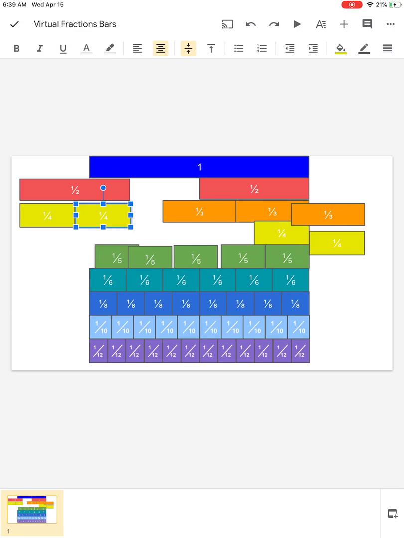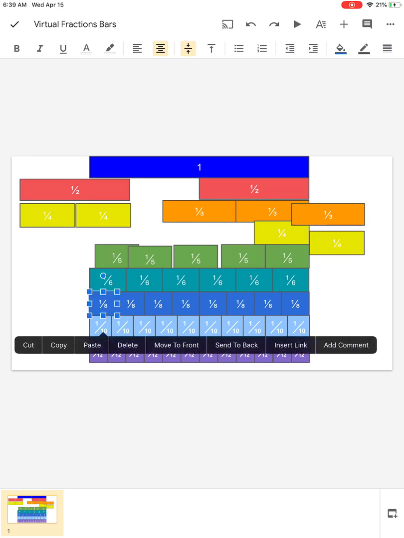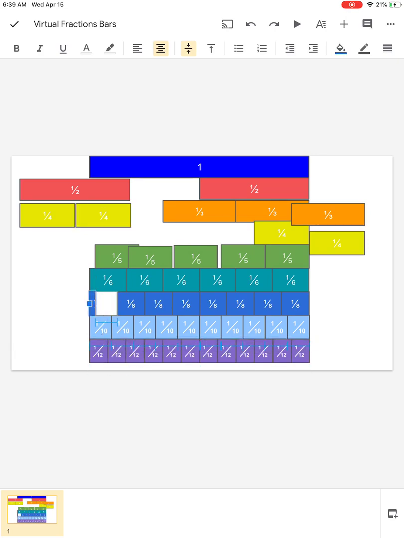Let's find another one. Let's go to 1/8. We're going to see, oopsie, if it'll let me. Let's try this one. How many 8 pieces will equal 1/2?